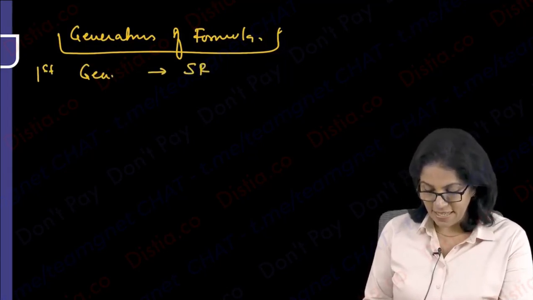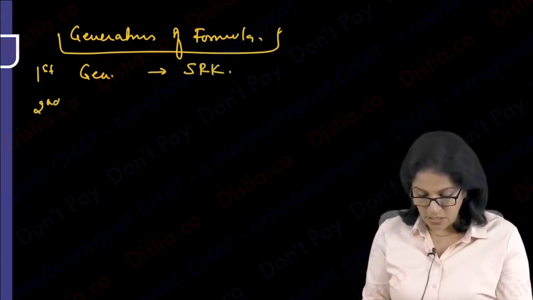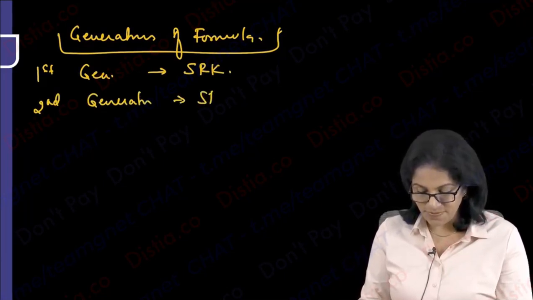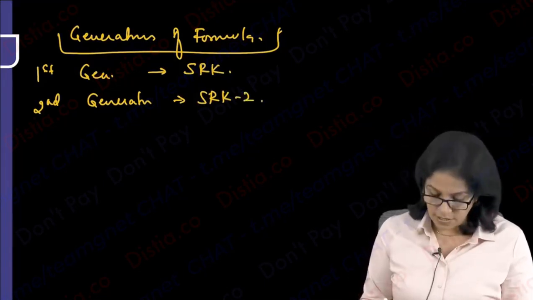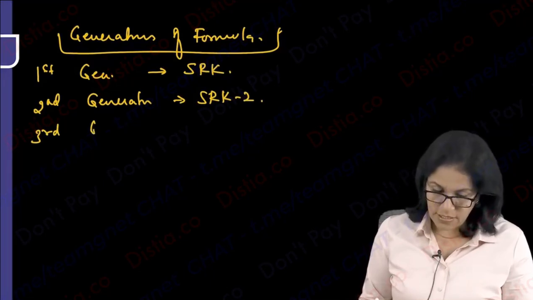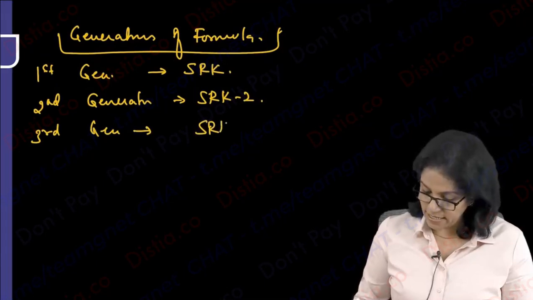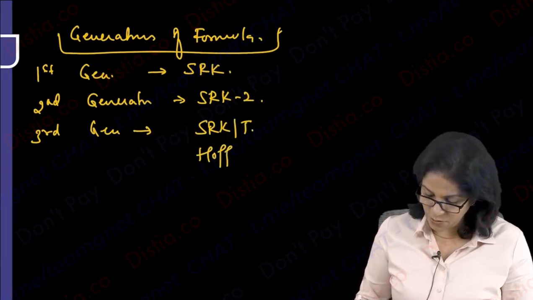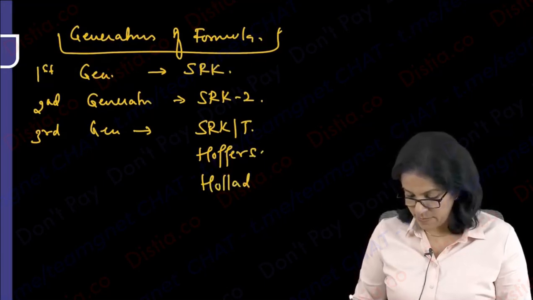Now, when the longer and shorter eyes were taken care of, that was your second generation formula, and that is called your SRK2. Okay. Now, coming to third generation formula. Now, the third generation, again, you have to know the names only, is SRK/T. You should know about Hoffer's and you should know about Holladay 1. Only names, please.